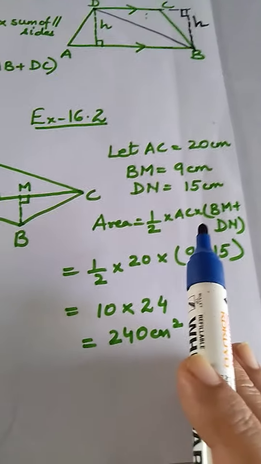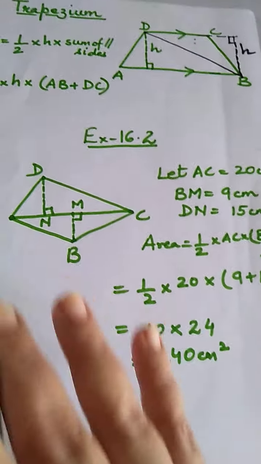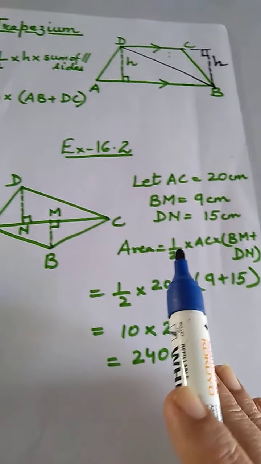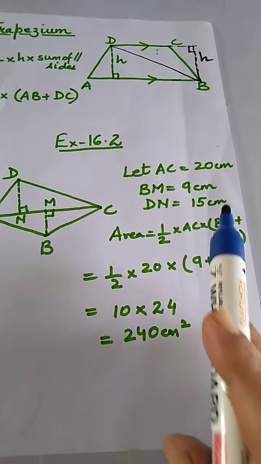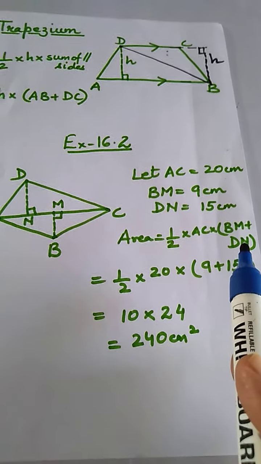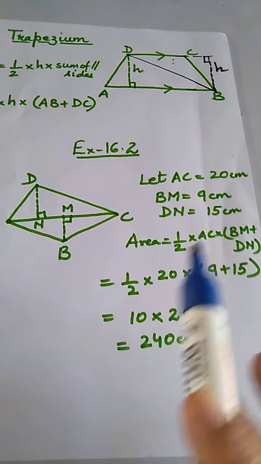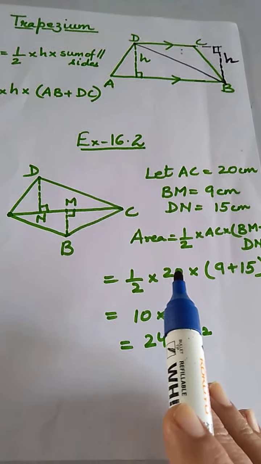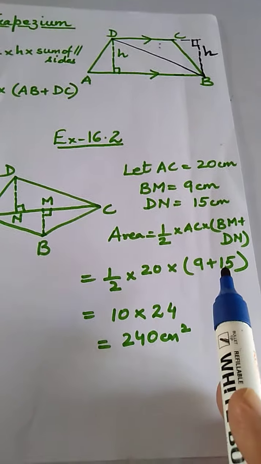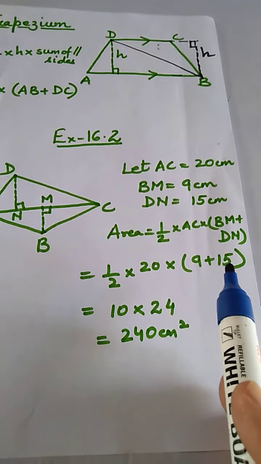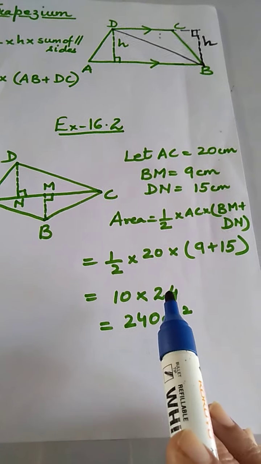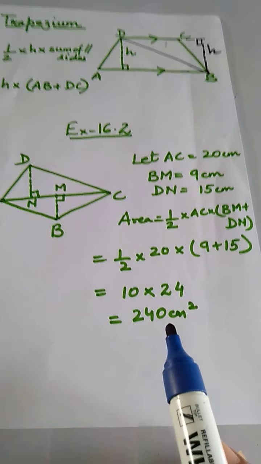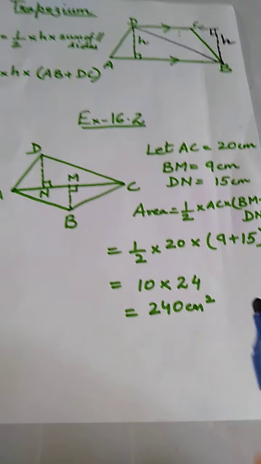Combining the two, the area of this quadrilateral is half into AC, one diagonal, into the sum of the perpendiculars from the other two vertices. So, half into 20 is one diagonal, perpendiculars are 9 and 15 respectively. So, 9 plus 15 is 24, half of 20 is 10, into 24, that gives you 240 centimeters squared.